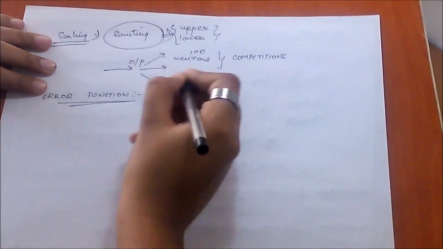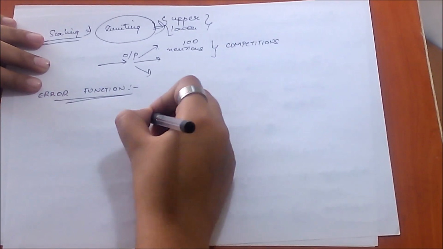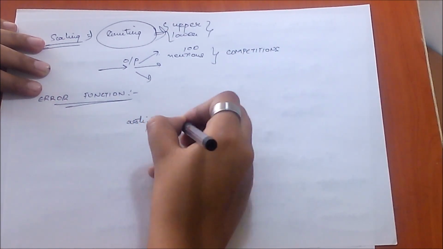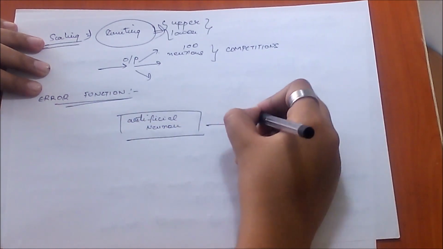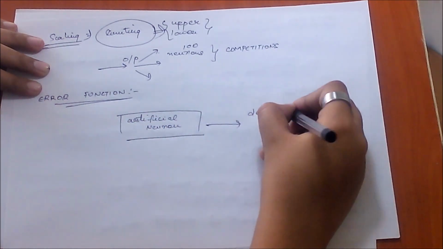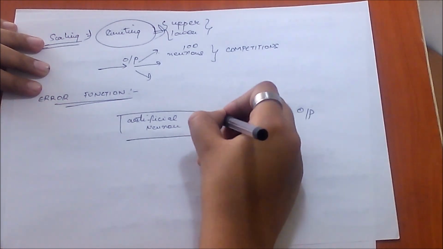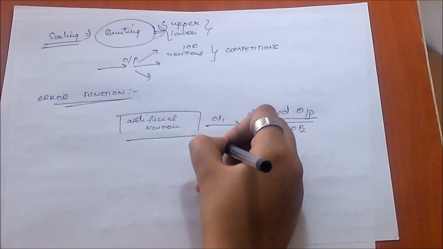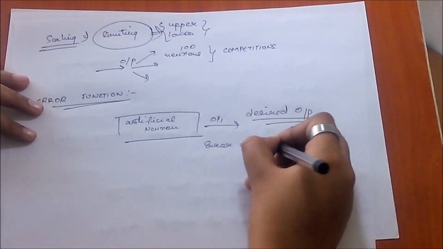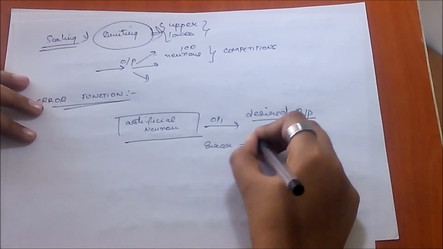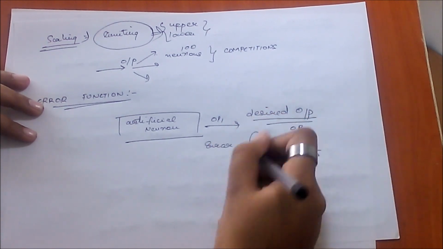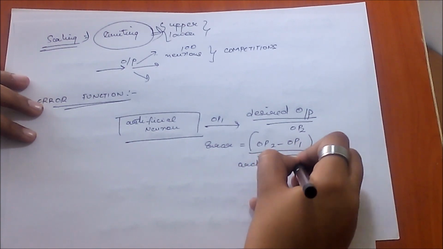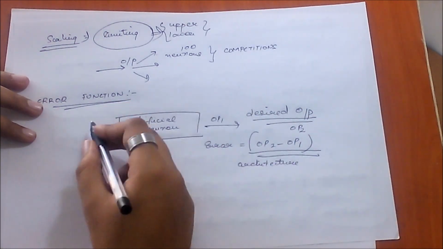For example, this is an artificial neuron. You need a desired output for it. But if you get output say OP1 and the desired output for you was OP2, the error can be calculated as the difference, and according to this error, an architecture will be designed which will act as learning.